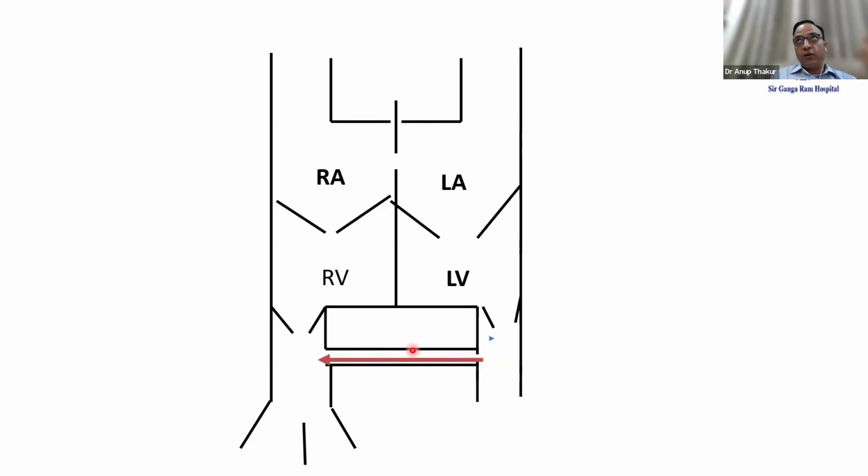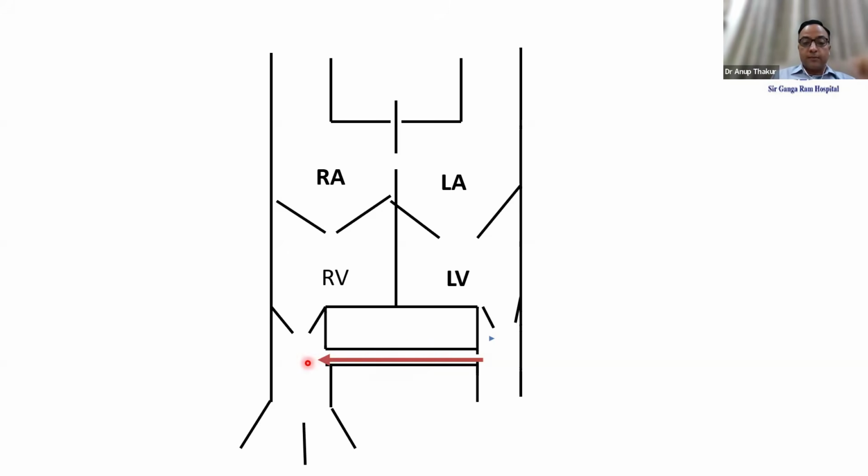So a high velocity duct is restrictive. A low velocity duct is more likely to be a pulsatile duct. That means it is more likely to be hemodynamically significant. So on the basis of the velocities also, we can classify a duct into pulsatile or restrictive.